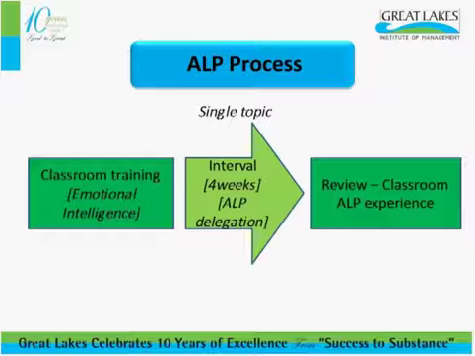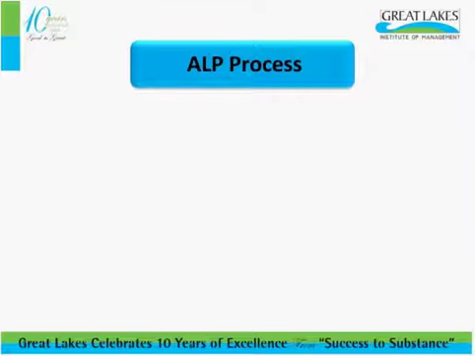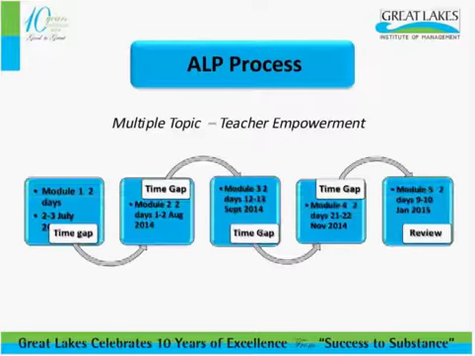I have shown a single topic as one example. We are also doing one in which there are multiple topics. For example, we are doing a program for teachers, called Teacher Empowerment. That's a larger course in which the structure is like this. It has 5 modules spread over approximately 8 months, and there is a time gap between each module.